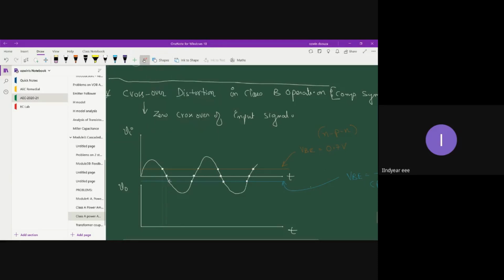Similarly, you need to do the same thing near the other places as well. So here also you'll get it. And then at the middle, then at the third point.